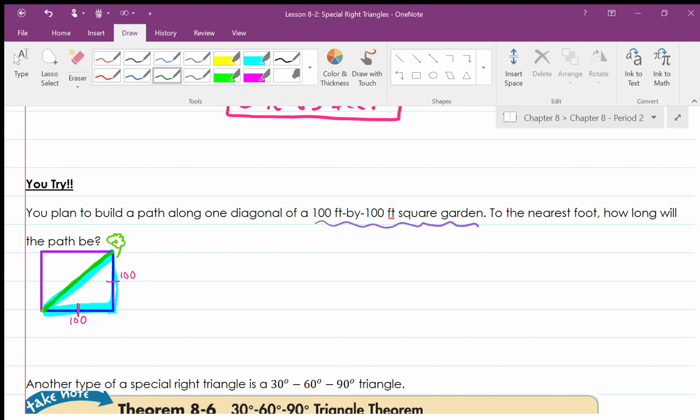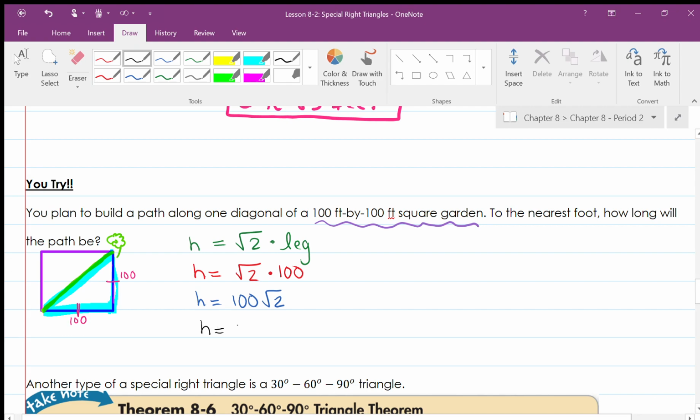We know the formula for this: your hypotenuse is equal to the square root of 2 times one of the legs. In this diagram, one of your legs is 100. So you should have hypotenuse is square root of 2 times 100, or h is equal to 100 square root of 2.